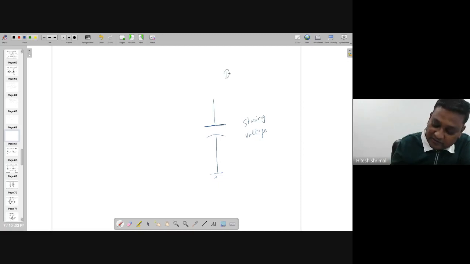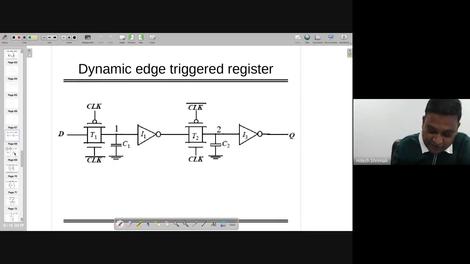This will be the most important part of the dynamic latch or dynamic flip-flop. Let's assume the first circuit, which is very popular, where there are two parts. The first one is the negative latch, and the second one is the positive latch.